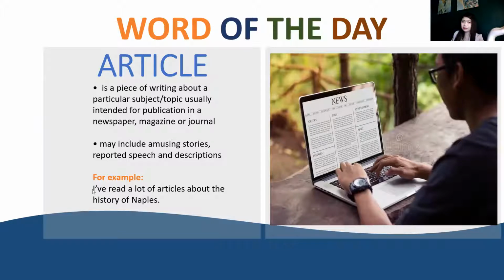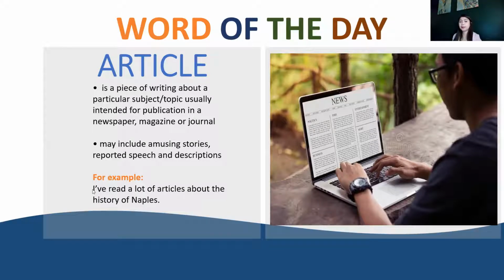Now, first comes the word of the day. What is an article? Every day we have to learn new vocabulary words. So the word of the day is article. Lara, can you please read what is an article?